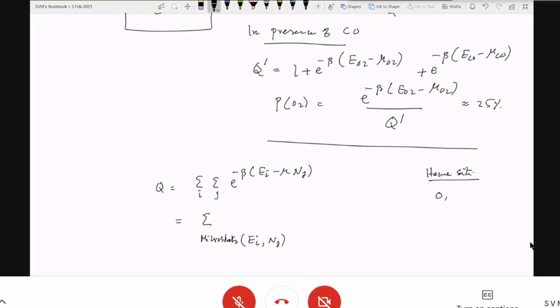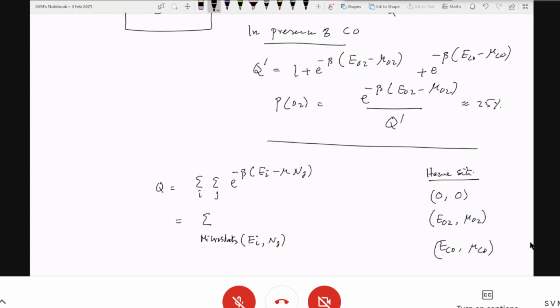The first has energy 0 and chemical potential 0, with N equal to 1. The second has energy E_O2 and mu O2, and the third has energy E_CO and mu CO. So this is the sum over microstates.